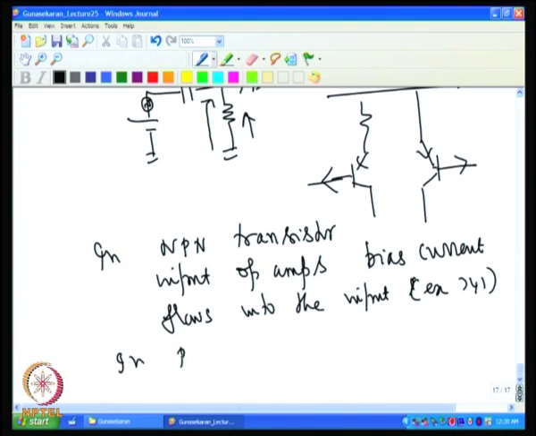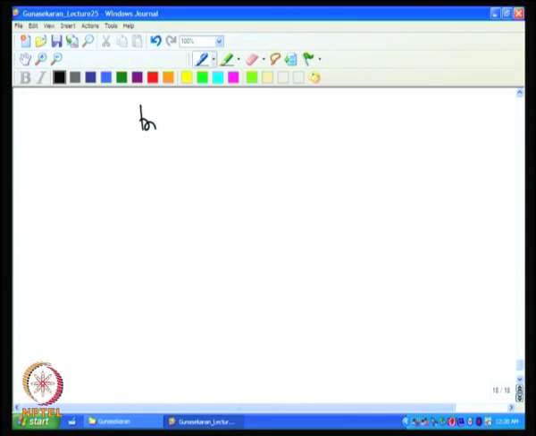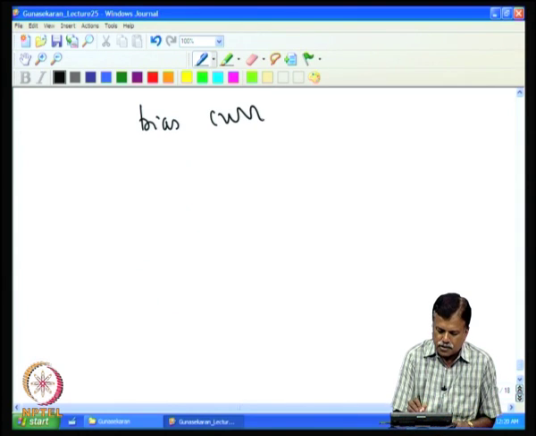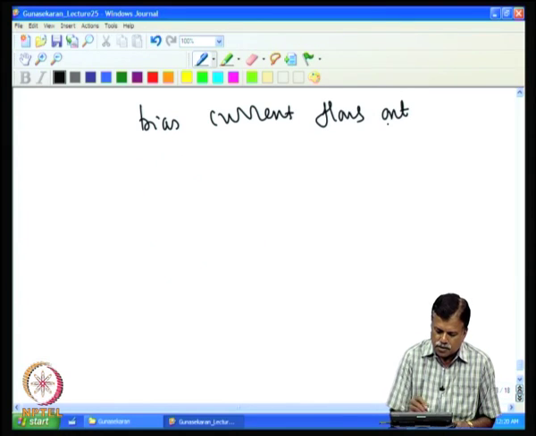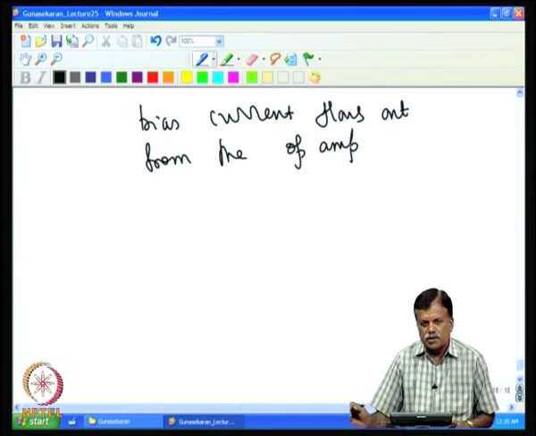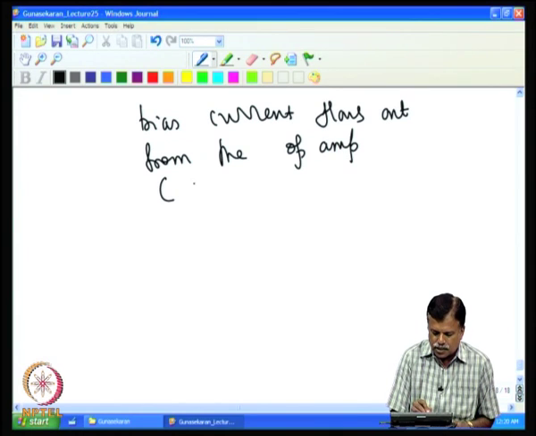In PNP transistor input op amps, the bias current flows out from the op amp, for example, LM324.